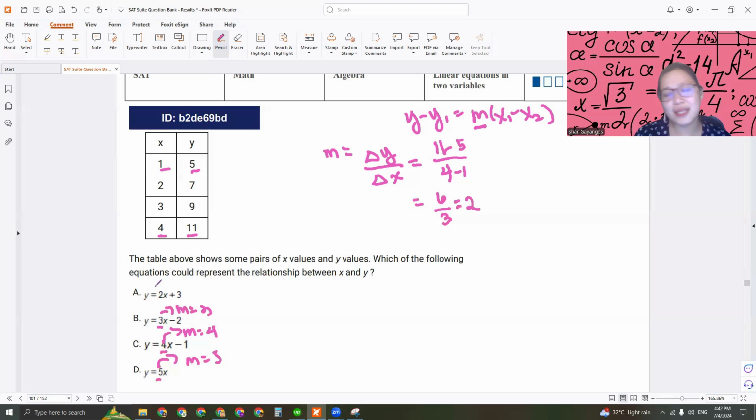All of this eliminates them as the correct relationship representing x and y, and I can go ahead and select A. Because at this point, I know the slope should be 2, and I don't actually have to use this equation. You may feel, okay, that makes sense, but I want to double check my work.